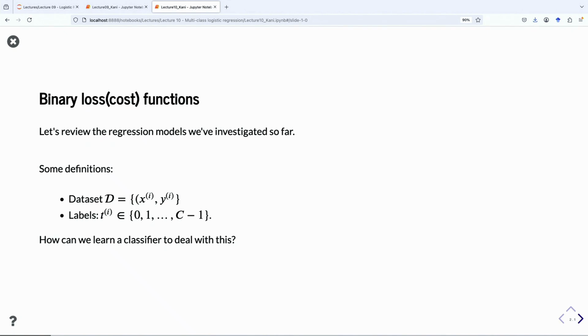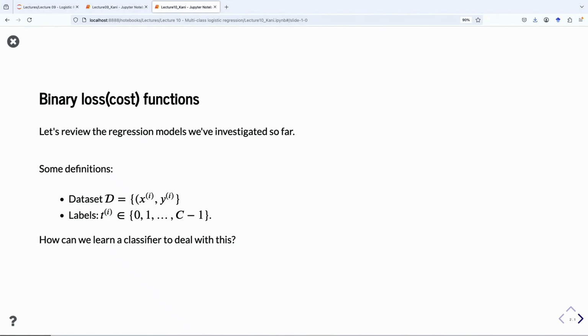But for now, let's consider if our labels are either positive or negative. Those are the words we used last time. It's either labeled with 0 or 1, or we could label everything with -1 and 1, right? Depends on what we're trying to do, depends on the cost functions we're trying to implement.